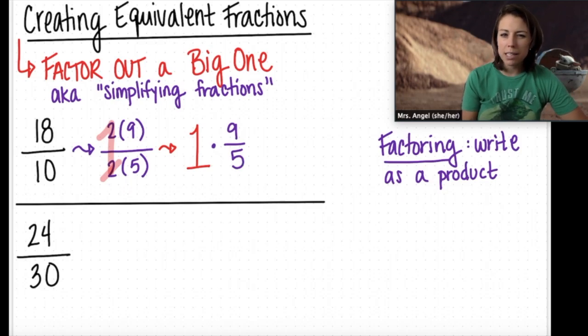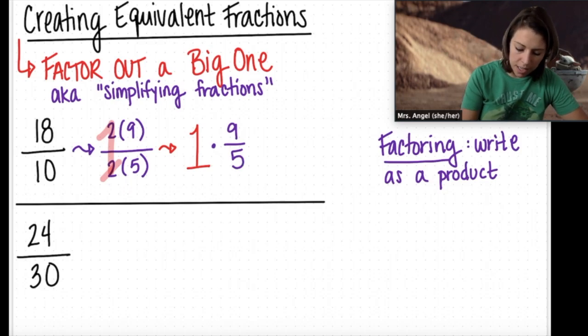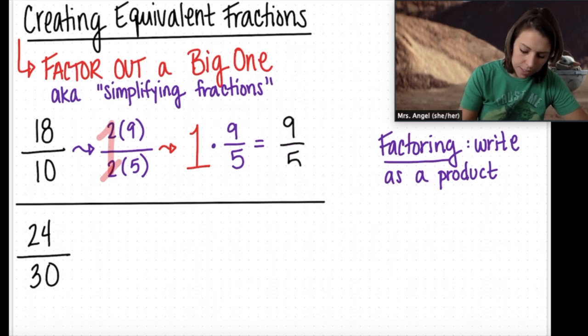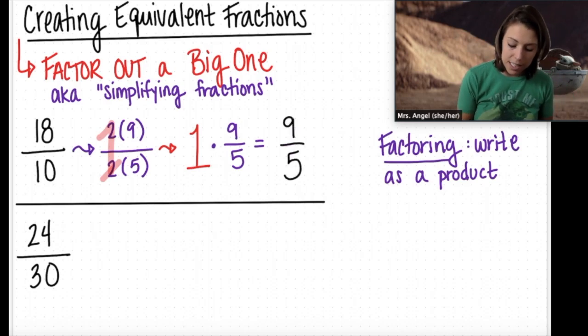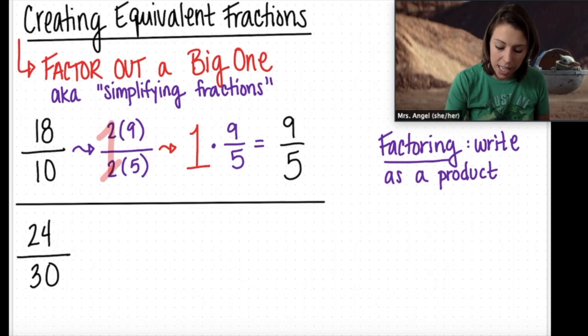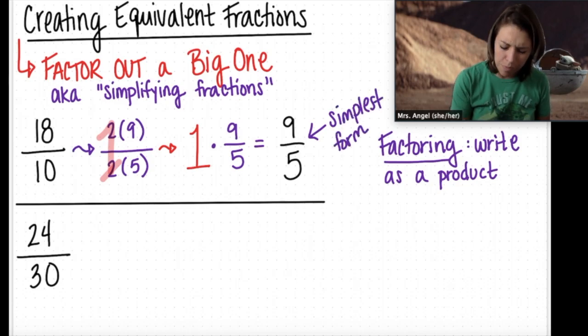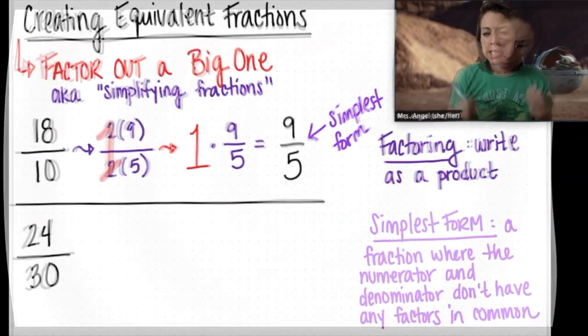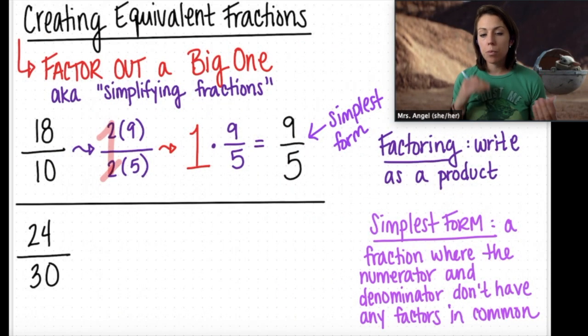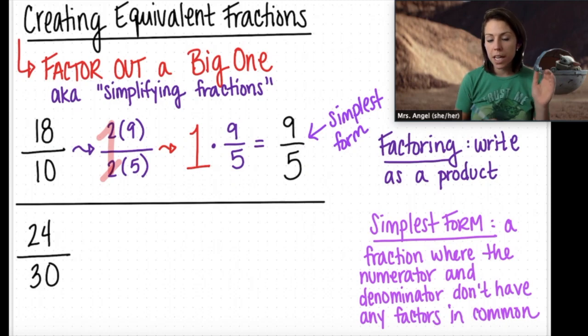And what's 1 times 9/5? That just leaves you with 9/5. 9/5 is equivalent to 18/10. And you know what? That's actually called a fraction in simplest form. What's simplest form? Simplest form is a fraction where the numerator and the denominator don't have any factors in common.